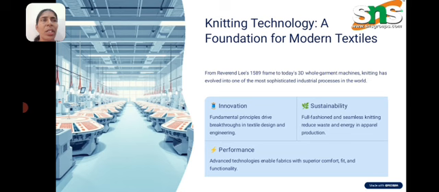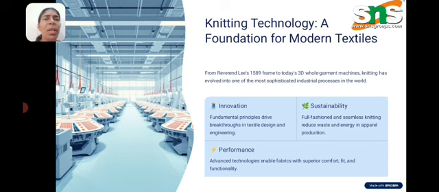Knitting technology, a foundation of modern textiles. From Reverend Lee's 1589 frame to today's 3D whole garment machines, knitting has evolved into one of the most sophisticated industrial processes in the world.